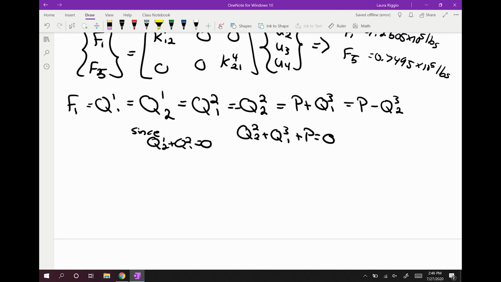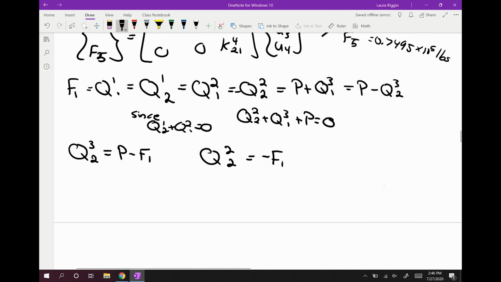So we can solve for Q32. So Q32 is equal to P minus F1. And we can solve for Q22, which is equal to the opposite of F1.